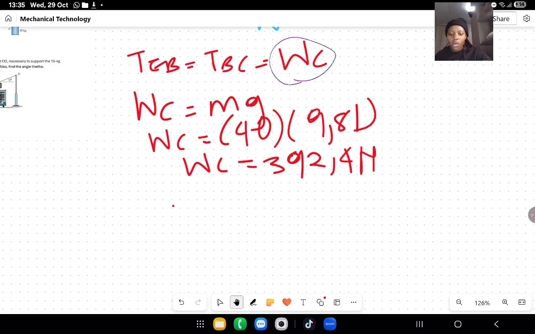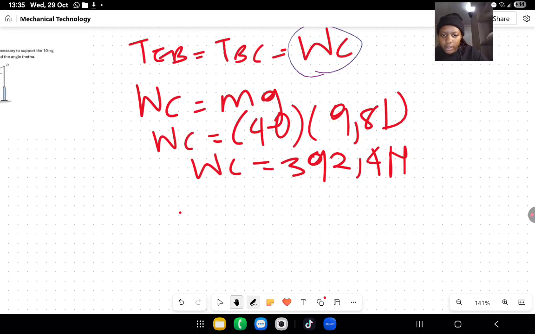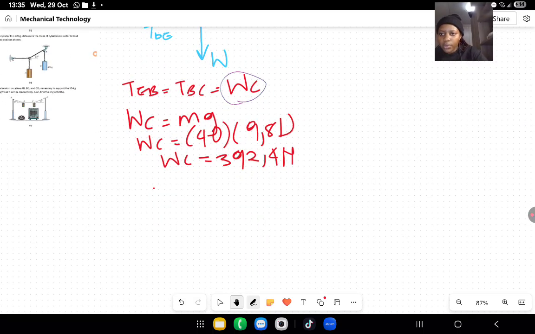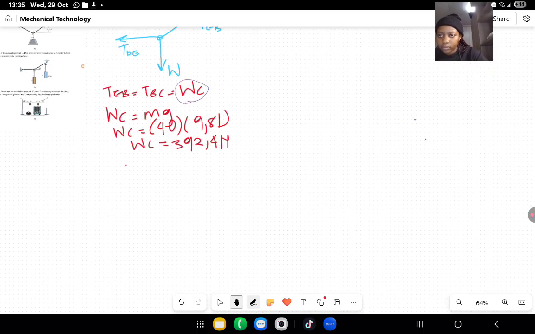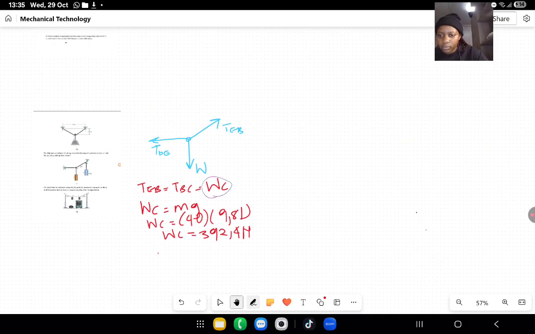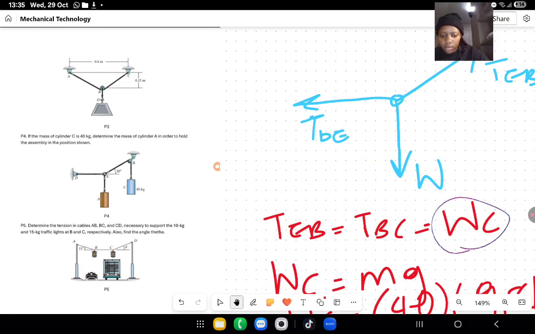Since we got our W here, we also know that the tension here equals this weight.